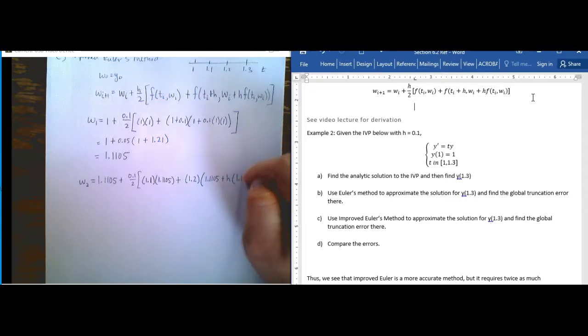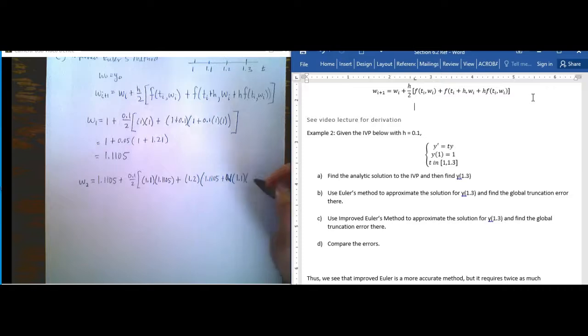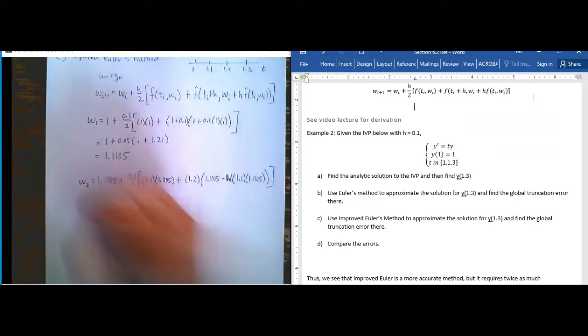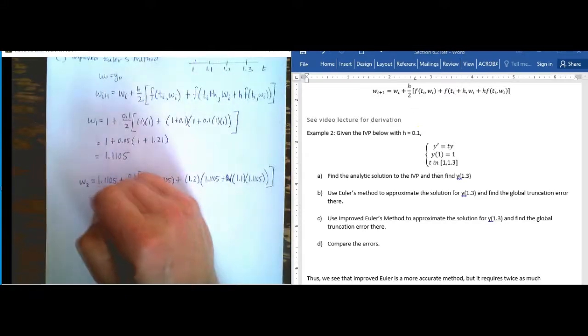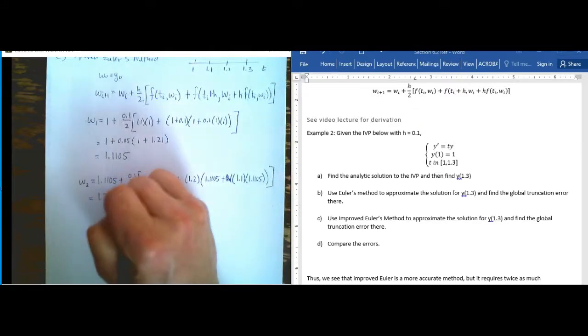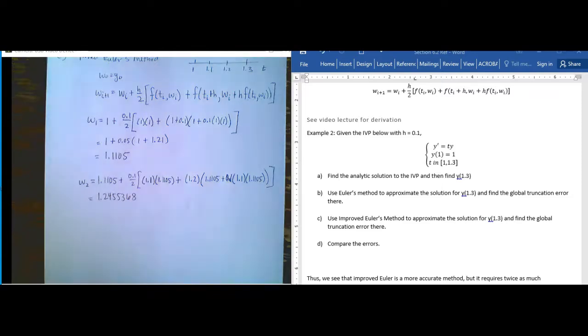Oh, and h is 0.1. All right, so just be careful here. All right, let's put all that in. This is 1.2455368 approximately. Okay.